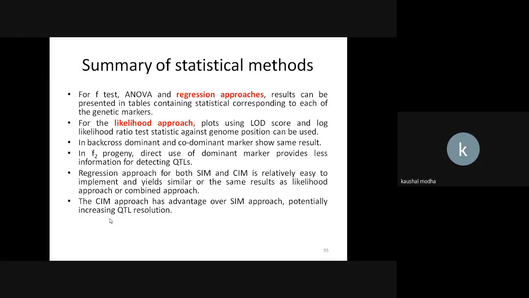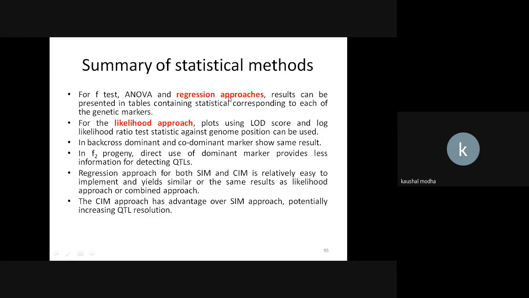A summary of the statistical methods used in QTL analysis. Statistical methods use the F-test to know the significance of the trait variance. The variation present in the trait is partitioned into various marker effects.